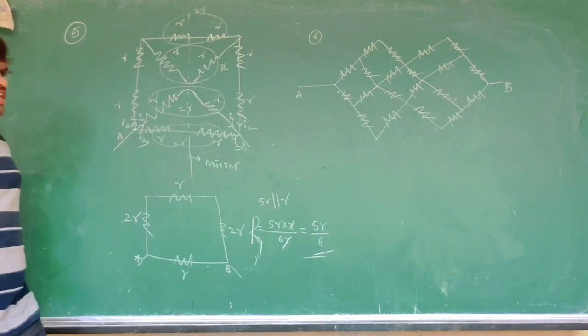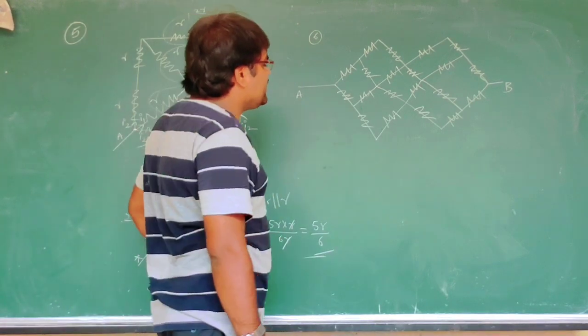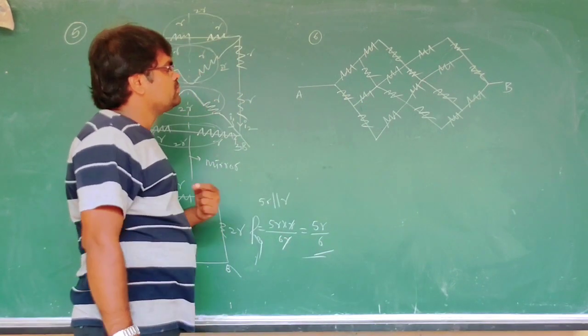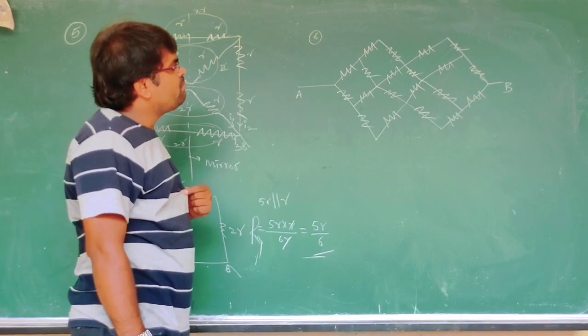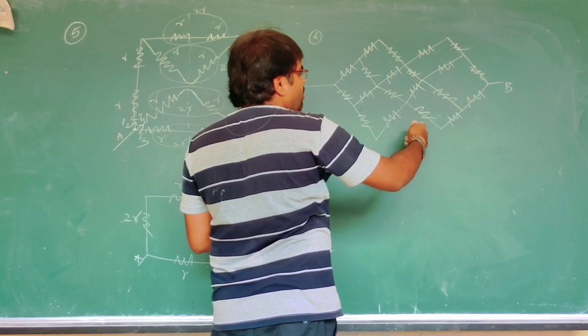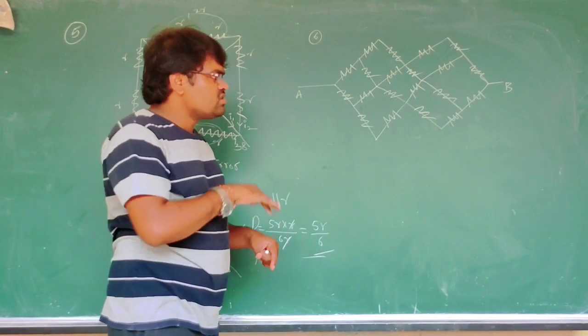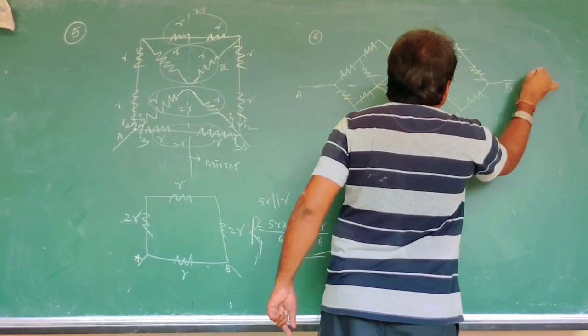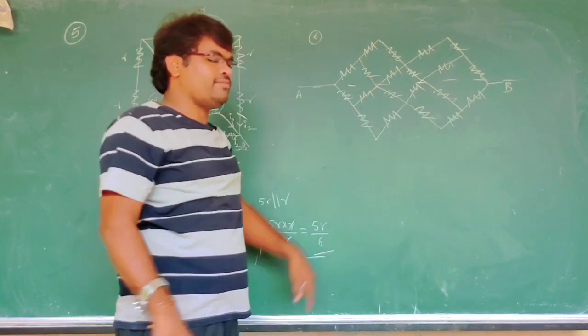Check it now. The sixth one. See, A and B. Now it is mirror. Folding symmetry. Yes, folding symmetry because up and down are the same.